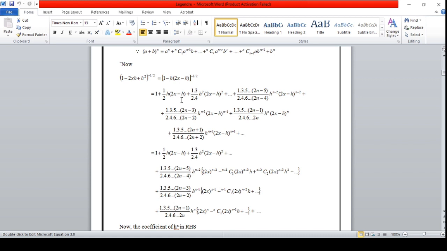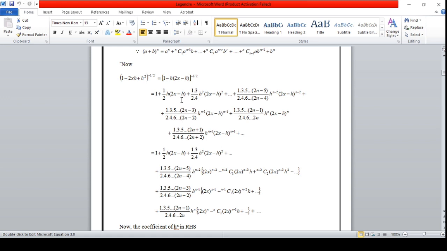So 1 plus 1 upon 2 h(2x minus h) plus 1·3 upon 2·4 h square (2x minus h) square plus and so on, up to the term 1·3·5 up to (2n minus 5) upon 2·4·6 up to (2n minus 4) h raised to the power n minus 2 (2x minus h) raised to the power n minus 2, plus the next term 1·3·5 up to (2n minus 3) upon 2·4·6 up to (2n minus 2) h raised to the power n minus 1 (2x minus h) raised to the power n minus 1.